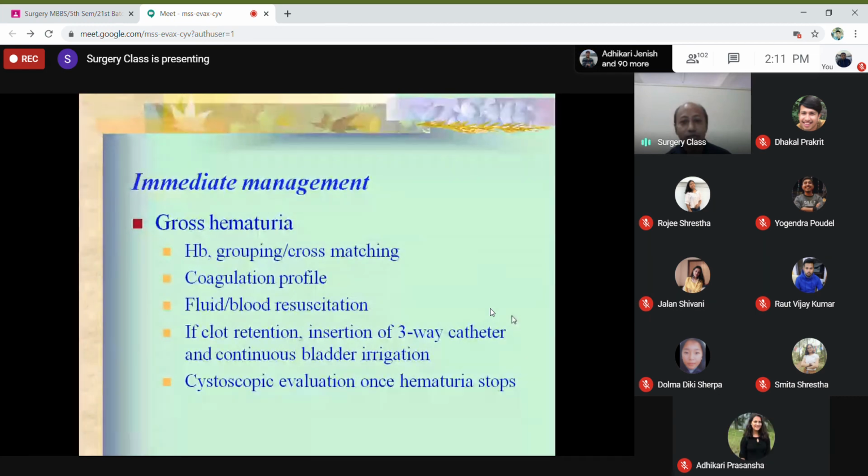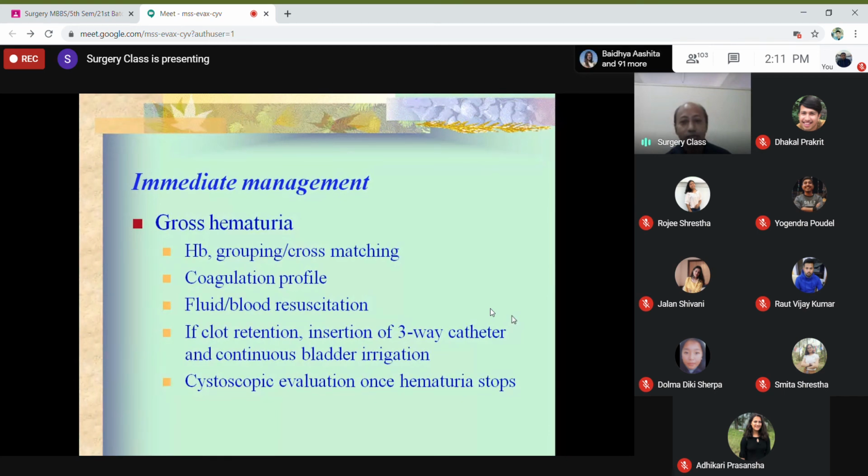So what we do if we get a patient of gross hematuria in the emergency is grouping and cross matching. You see the hemoglobin, how much he has bled, then grouping, cross matching, coagulation profile, and resuscitate the patient with appropriate fluid or blood transfusion. In many cases, the patient develops clot retention.